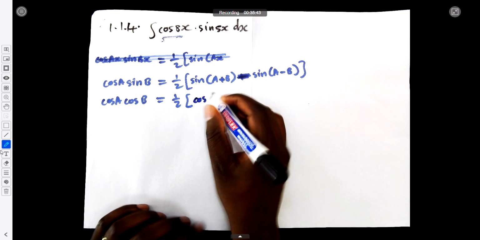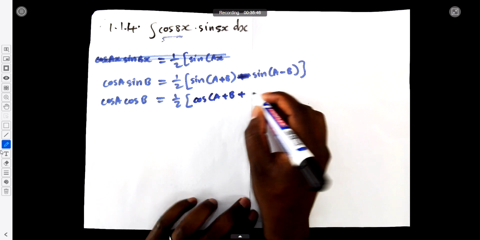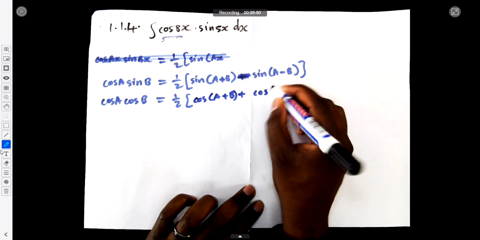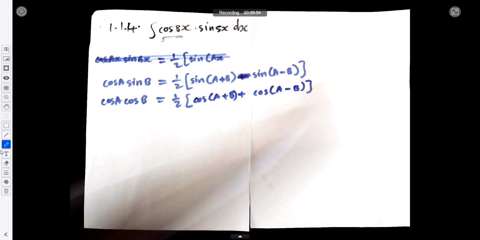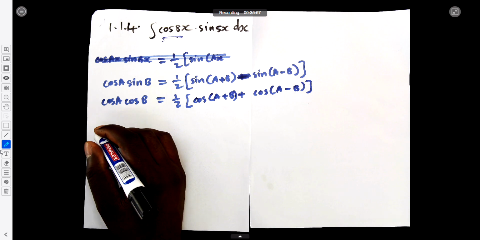So it's cos A plus B plus cos A minus B. Okay. All right, so the one for sine.